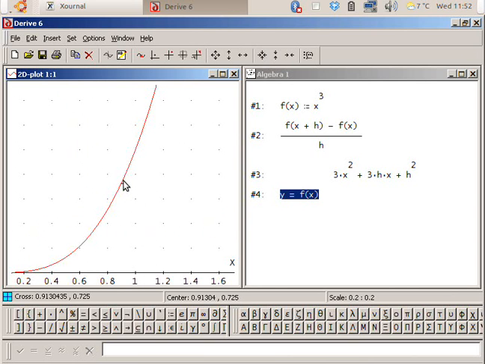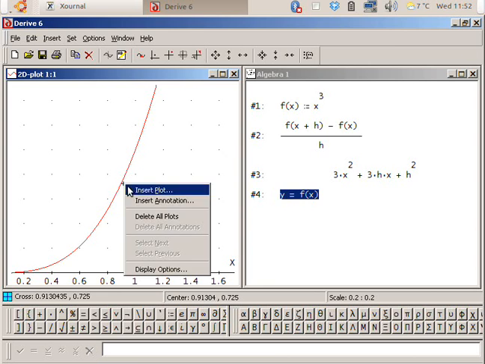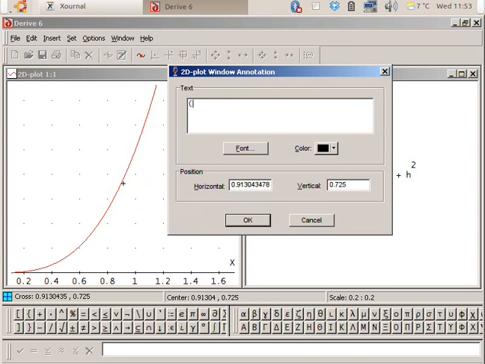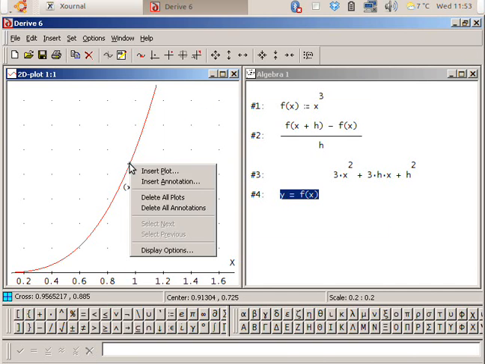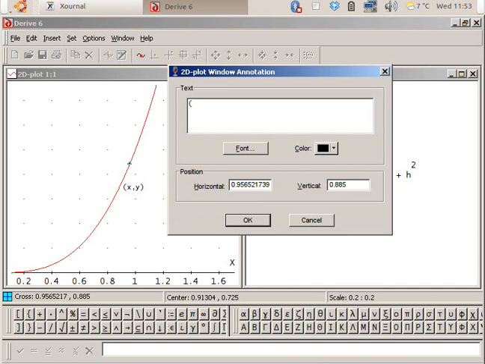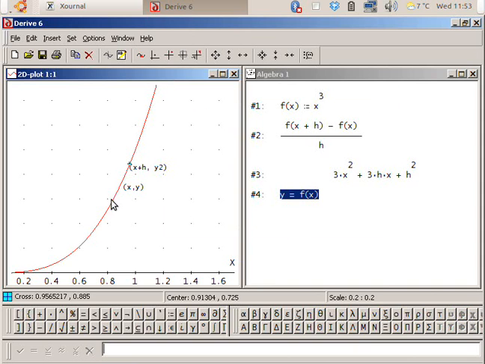So what you need to imagine, what happened here is I put a point, x y, and then very close beside it I put another point, which was only a tiny bit moved to the right. I'll call it y2. Now if I draw a line joining these two, it's not quite a tangent because it cuts it at two places. But as h goes to 0, you can imagine this point sliding down towards this point.